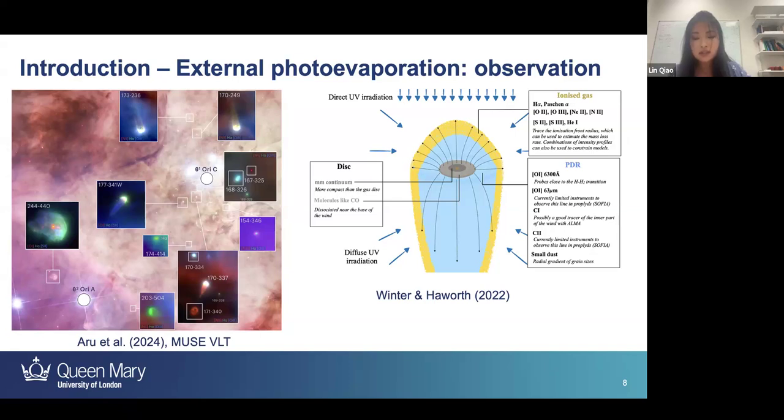I personally don't have enough courage to do that yet, but my supervisor, now kind of my boss, Serena's very good friend, Tom Howarth, had past papers actually modeling 2D or even 3D disk with photoevaporative winds.